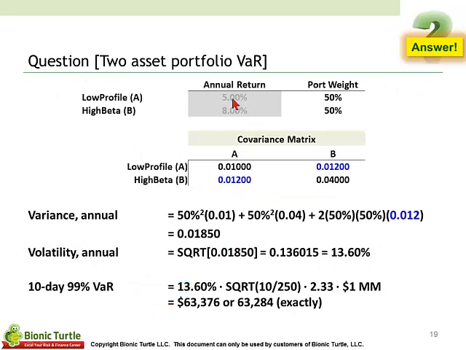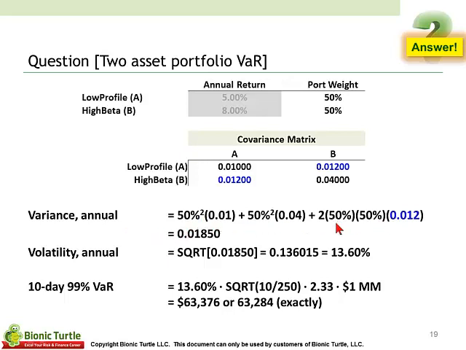Okay, so for one thing, it turns out for relative value at risk, or VAR, we do not need the annual returns. If we were computing an absolute VAR, we would. For relative VAR, we don't need them. So we need the volatility of the portfolio. Well, here is the annual variance of the portfolio.